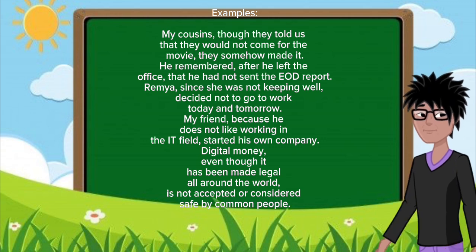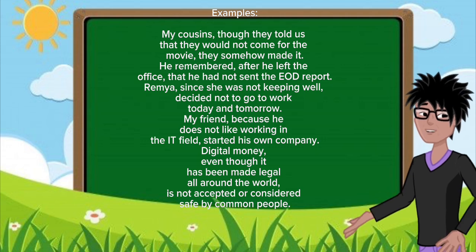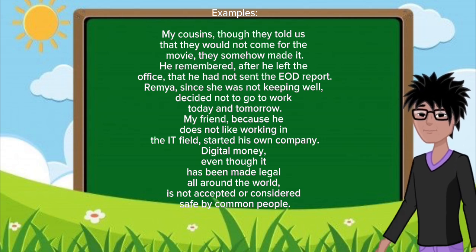Examples. Number 1. My cousins, though they told us that they would not come, somehow made it for the movie. The adverb clause is though they told us that they would not come for the movie. Number 2.